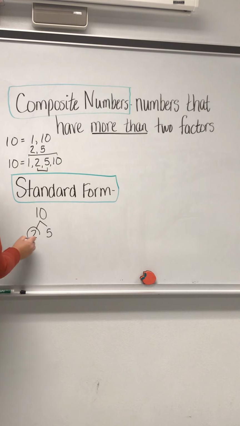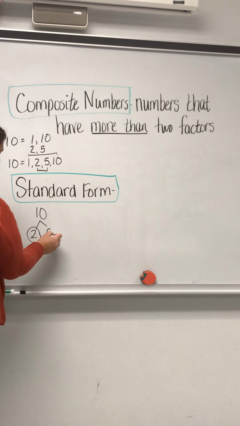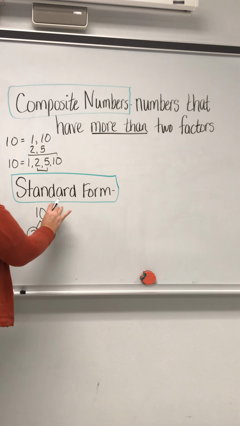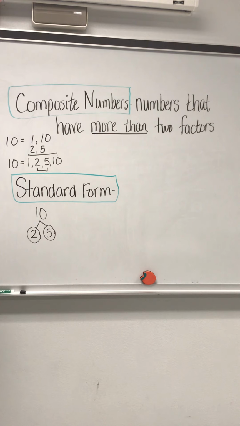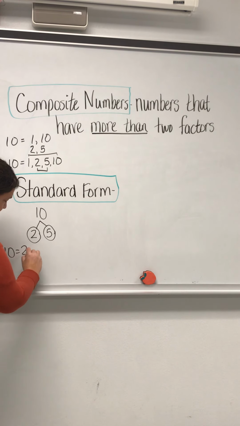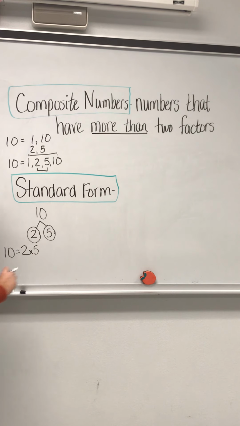So we'll circle our 2. And 5 is also a prime number because nothing besides 1 goes into it. So when we write in standard form, we're going to do 10 equals 2 x 5. And again, we write that x there as our indicator that it is multiplication.